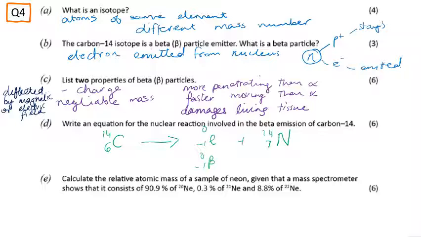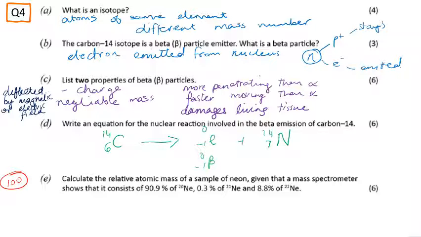Last one is a bit cheeky because it's not actually part of this chapter, but we'll have a look at it anyway. So calculating the relative atomic mass of a sample given the mass spec information. So how we're going to approach this, since we've got percentages, we will say that these values correspond to how many atoms of each isotope we would have in a sample of 100.